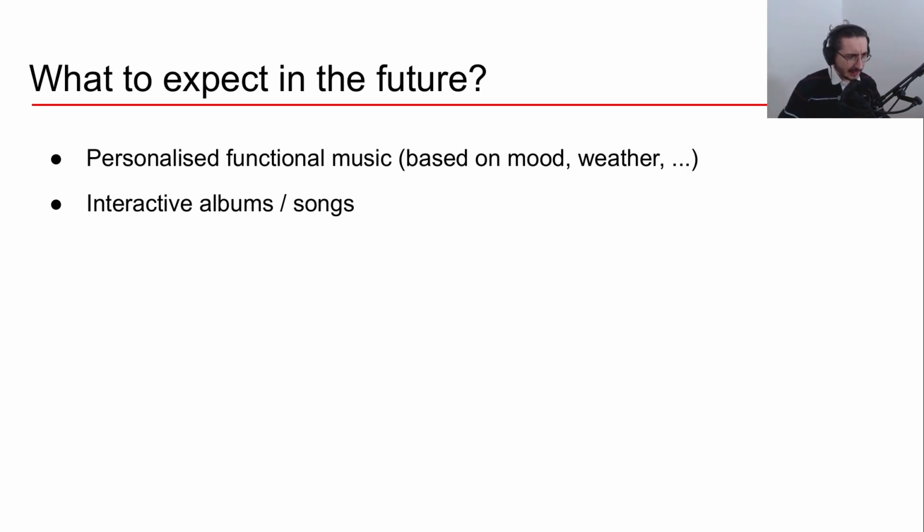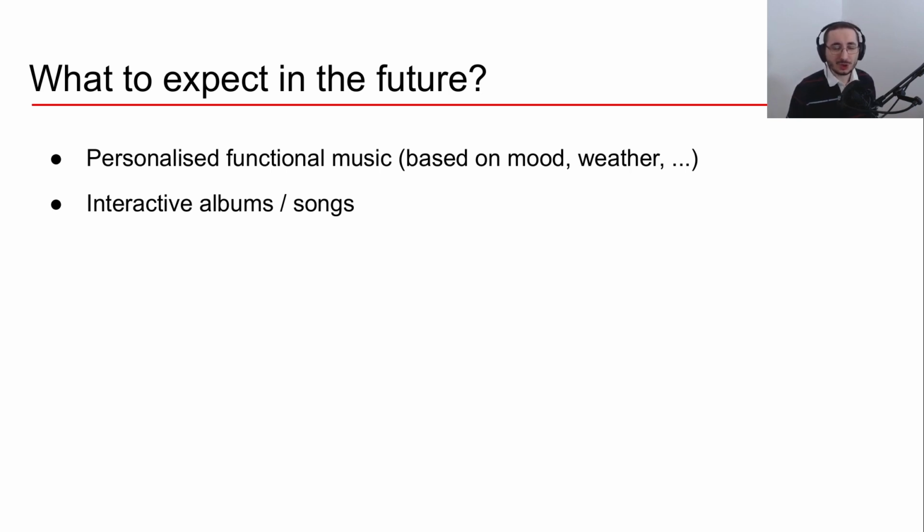I think in the future, we're going to see generative music that's going to help with personalized functional music. So we're going to have music that's tailored to you as a person with your own musical taste, and also this music is going to be influenced by your mood, whether you're sad or happy, for example, by the weather, and a bunch of other external variables that are going to impact the generation of the music itself.